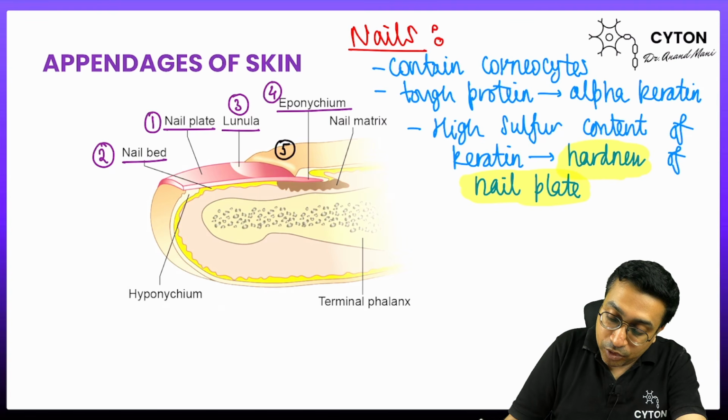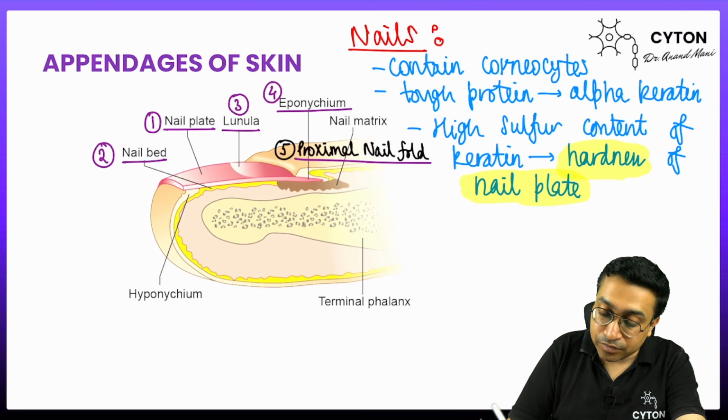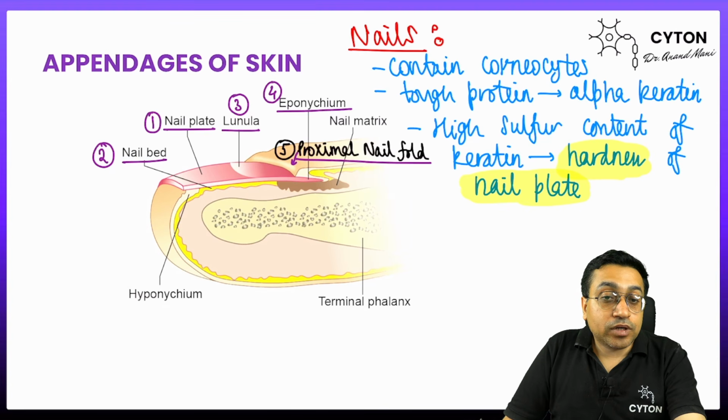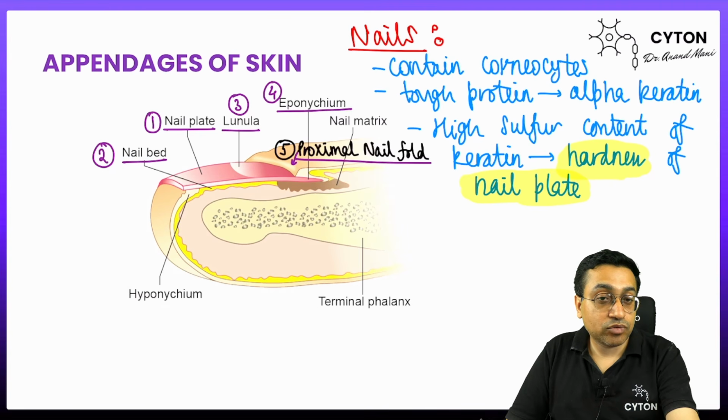This is the proximal nail fold. Okay, this one. So then you have this, that is the eponychium. I told you eponychium, that is the extension of the base of the nail plate.